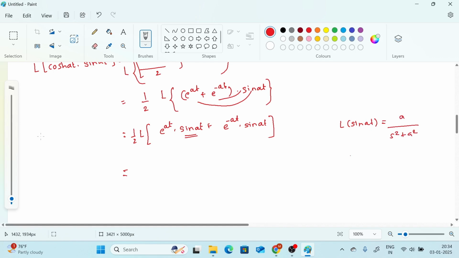At the same time, we have the formula in our scope, because it is multiplied by e raised to. Laplace of e raised to at into f of t is equal to f bar of s minus a. Now in the first term it's a plus sign, so we are going to put s minus a only. But in the second term we have minus here, so we are going to put s plus a.